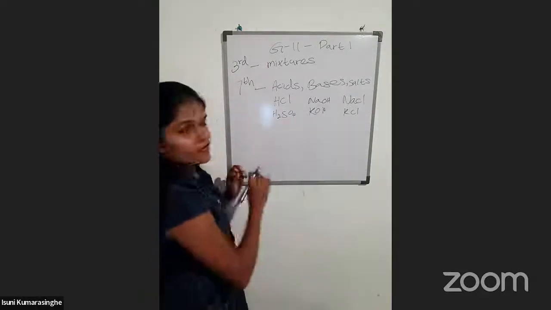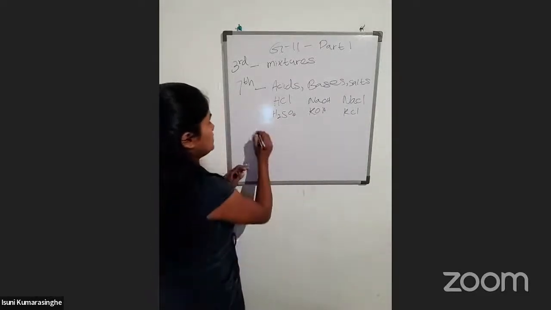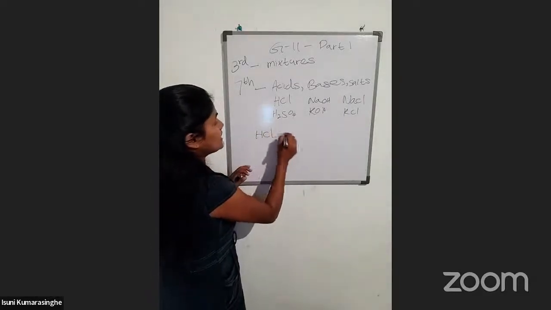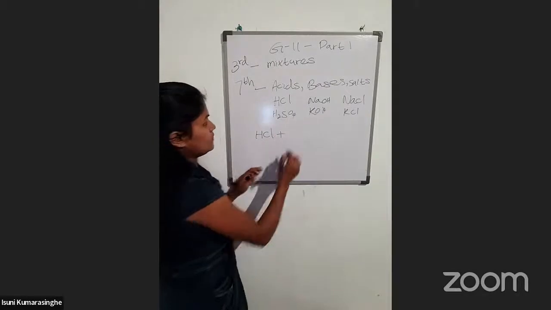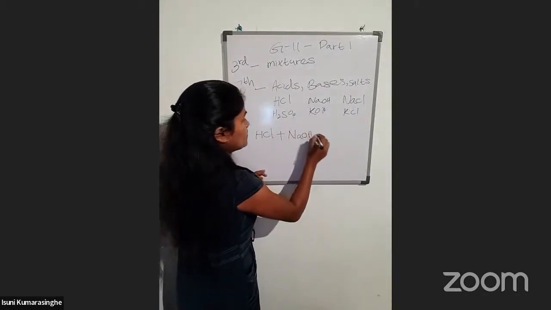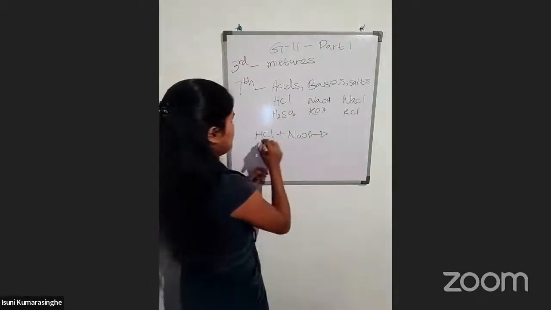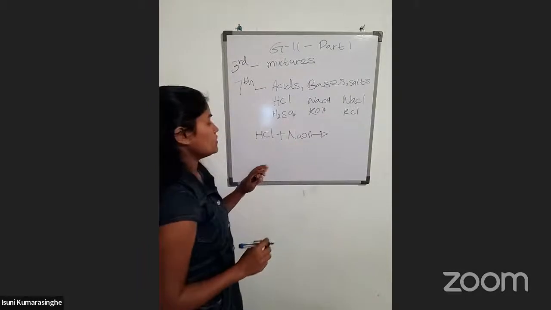For example, when we write an example equation, an acid reacts with a base. HCl, the acid, reacts with sodium hydroxide, the base, to form a salt. How does the salt form?